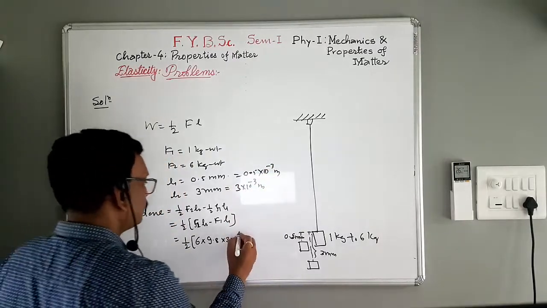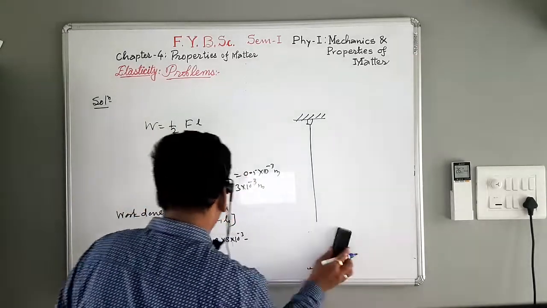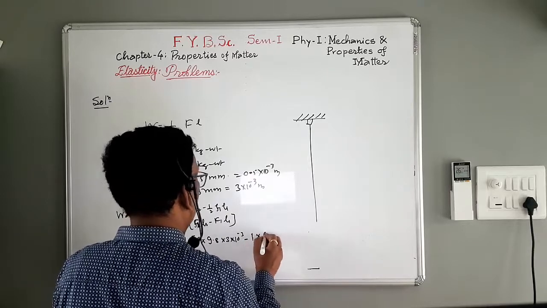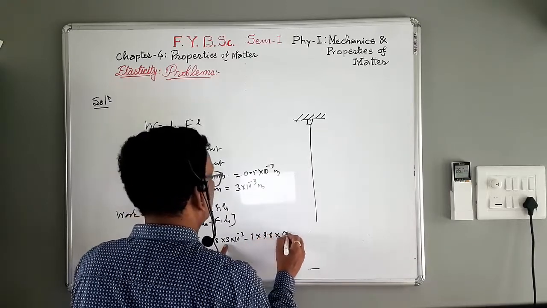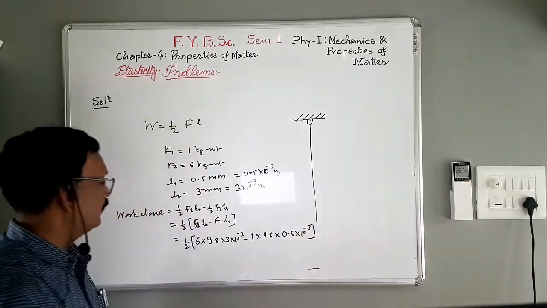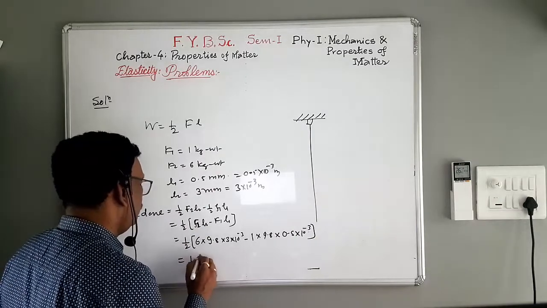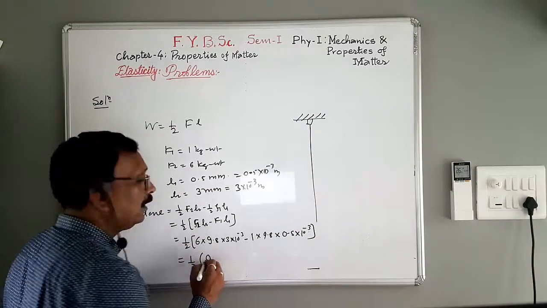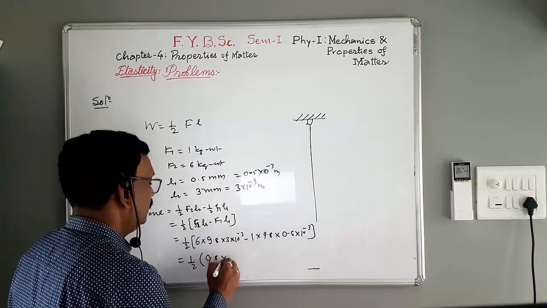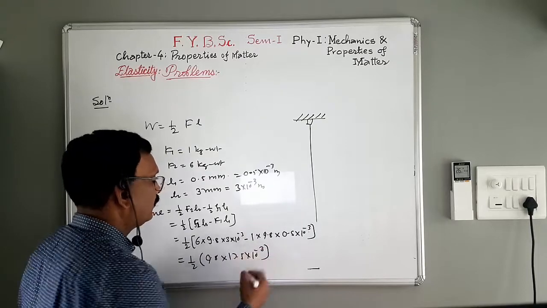Now minus the value of F1, which is 1 kg into 9.8 into extension 0.5 into 10 raised to minus 3. Now when you solve this, you will get 1/2 in bracket 9.8 into 17.5 into 10 raised to minus 3.